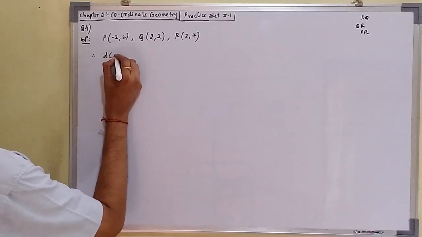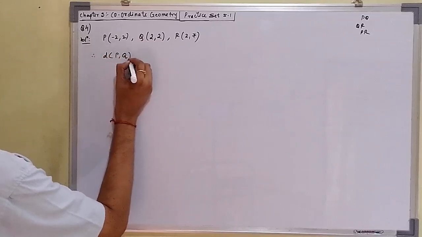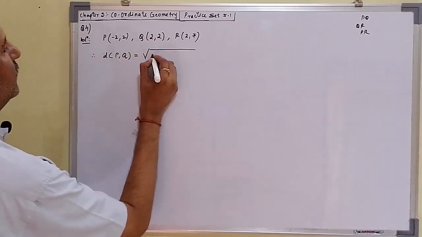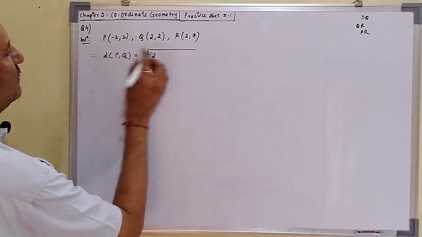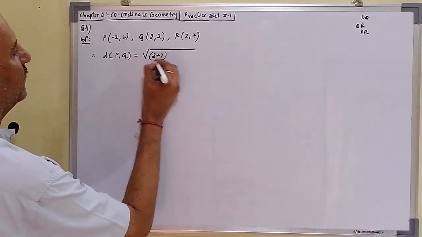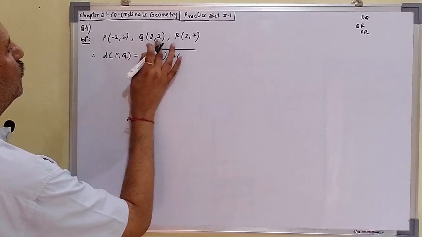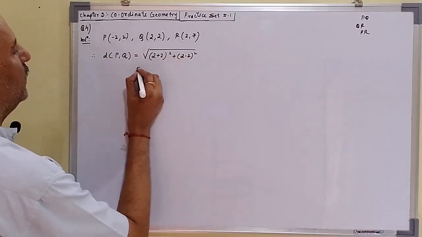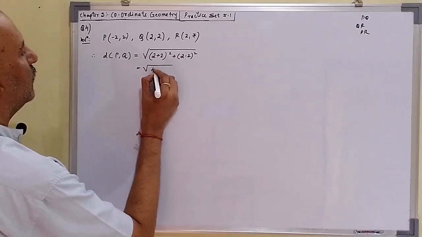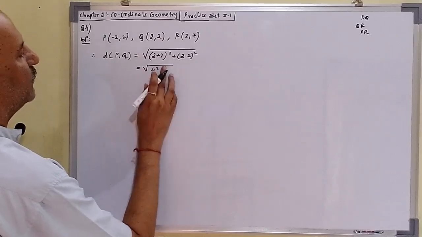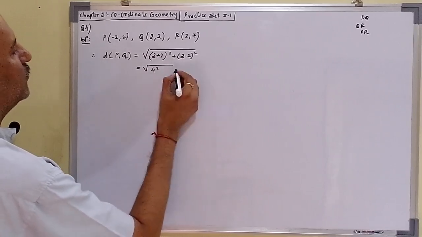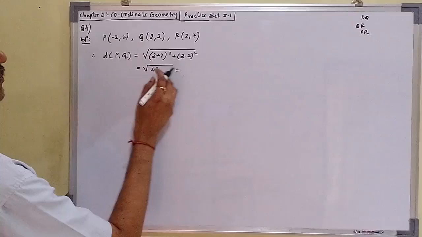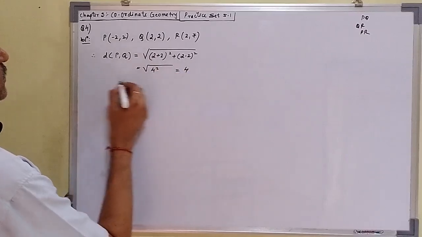Therefore what is distance PQ? x2 minus x1, so 2, minus minus becomes plus, 2 minus 2. What will this be? 4 square plus 0, no meaning. So this is 2 and the square root is gone, so 4.